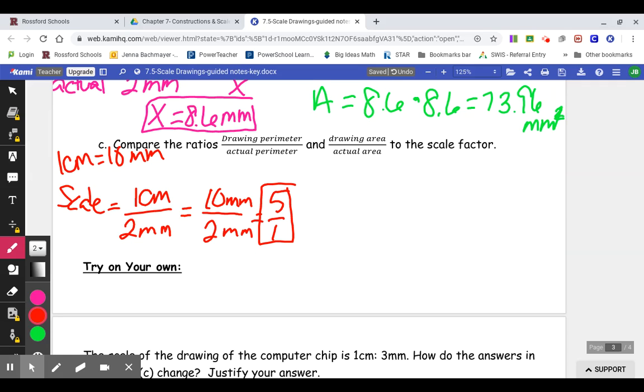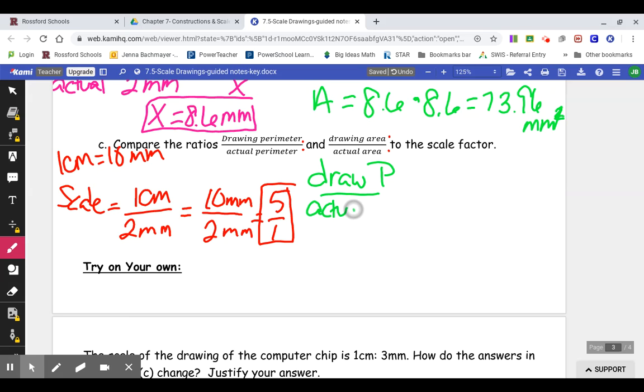Now I'm going to compare the drawing perimeter and the actual perimeter, and the drawing area and the actual area. So I'm going to put drawing perimeter compared to the actual, so I know where my work is located. Let's try actual perimeter, sorry about that.